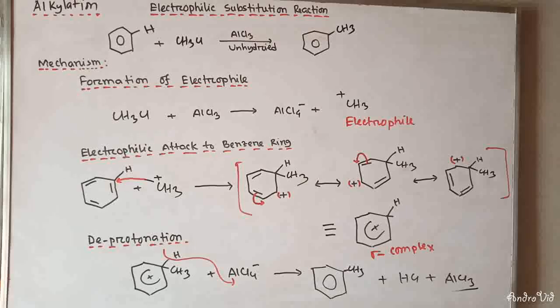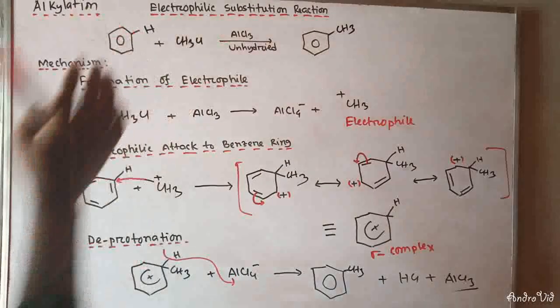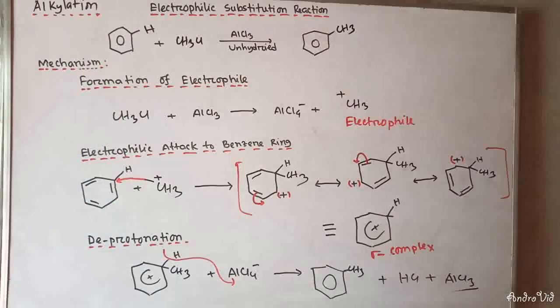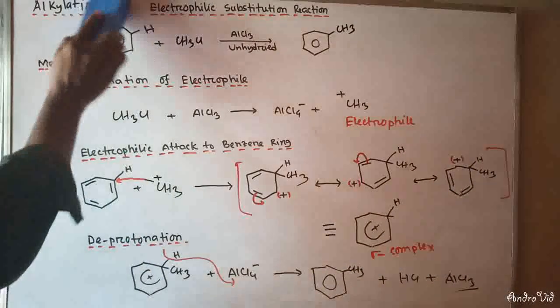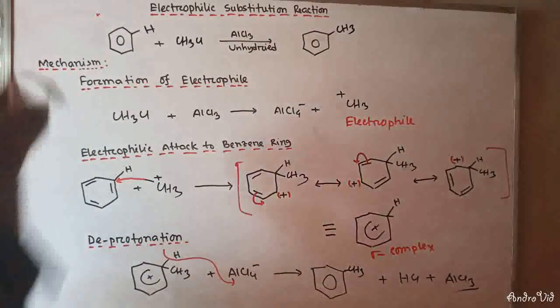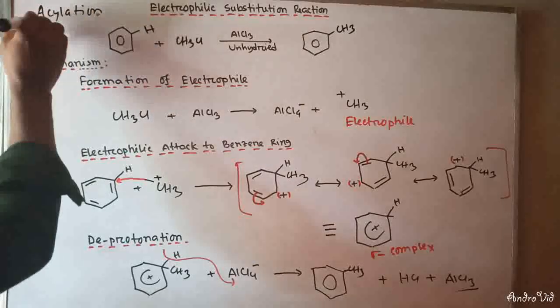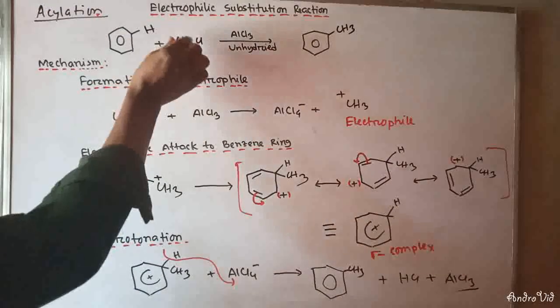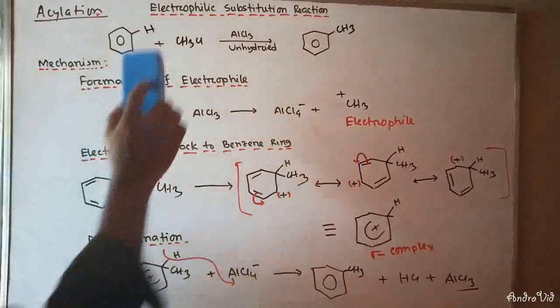In this mechanism, where you have a CH3 group, you just replace this CH3 group by CH3CO during acylation, like this. Do not need to change anything more.